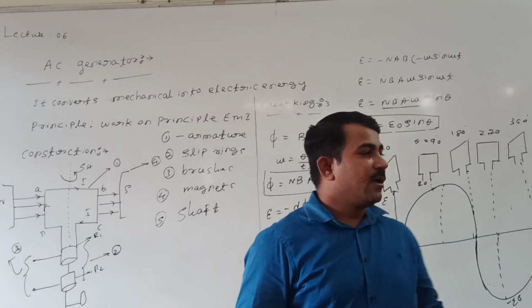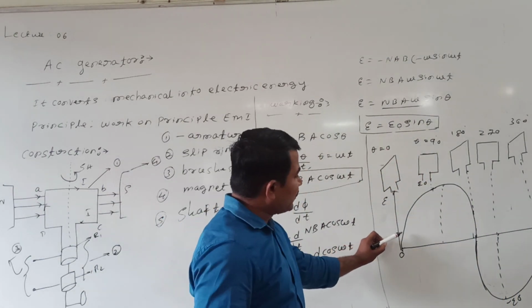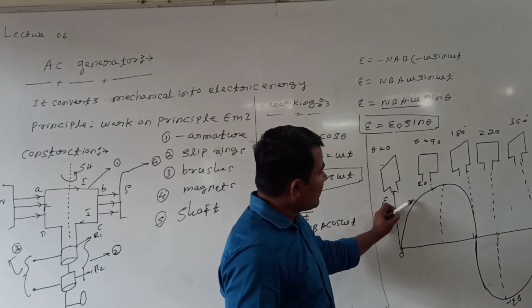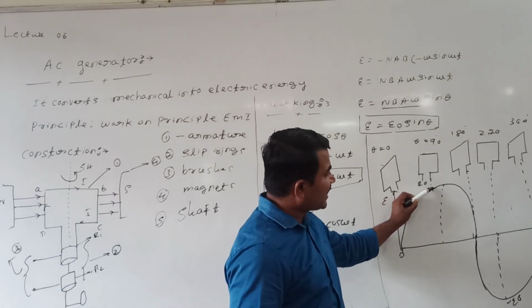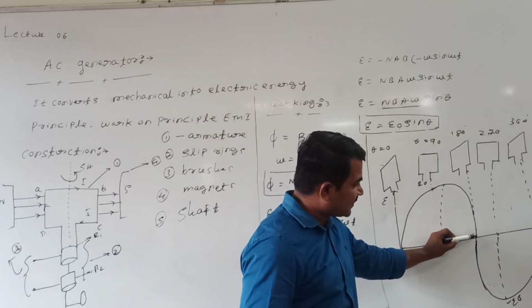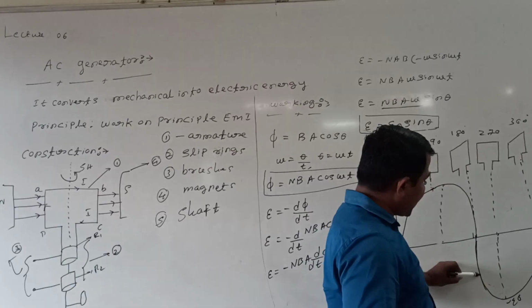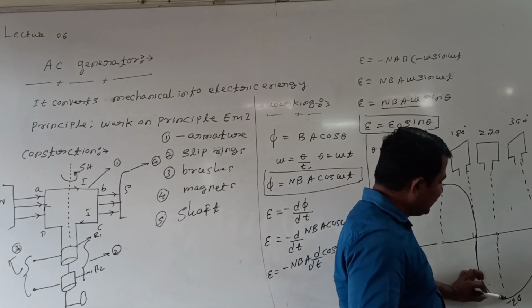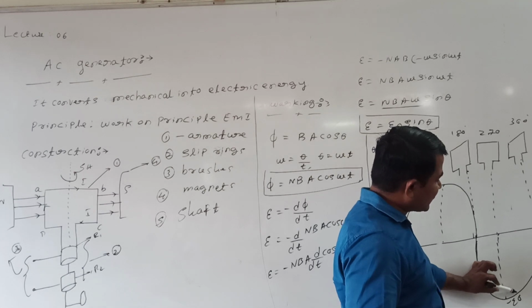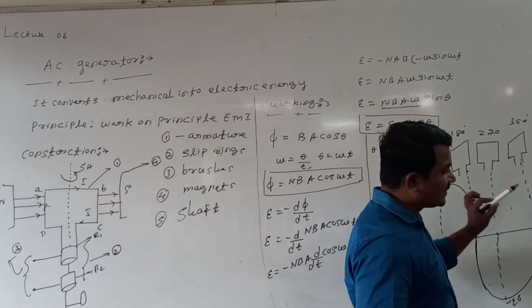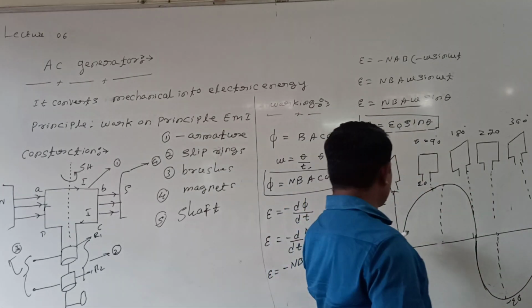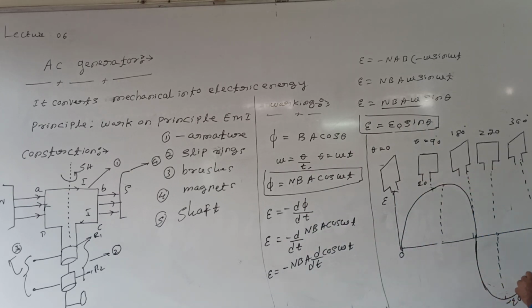When the coil rotates from 0 to 90, the EMF increases, and when it rotates from 90 to 180, the EMF becomes 0 during half rotation. During the second half rotation, the EMF changes again from 0 to maximum in the reverse direction. Again when the coil rotates from 270 to 360, the EMF becomes 0. I mean, this total should be 360 degrees. This first point is 0 degree.